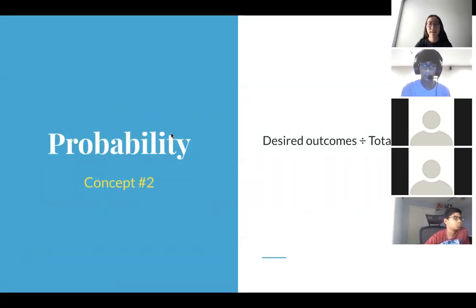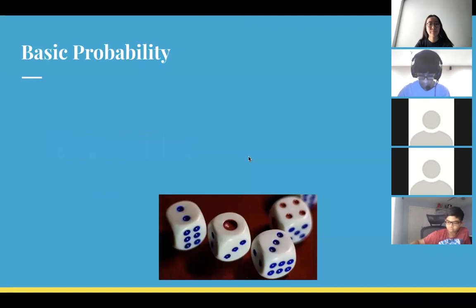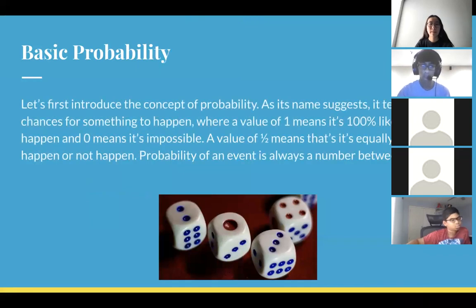Okay, so the second concept we're going to learn about today is probability, which you guys may have already heard of, but basically the core of probability is just writing desired outcomes and then dividing that by the total number of outcomes that you can have. So as its name suggests, probability is basically the chance for something to happen.